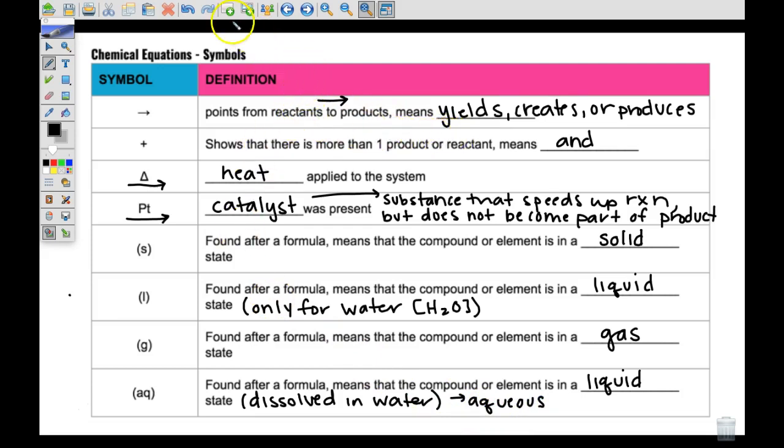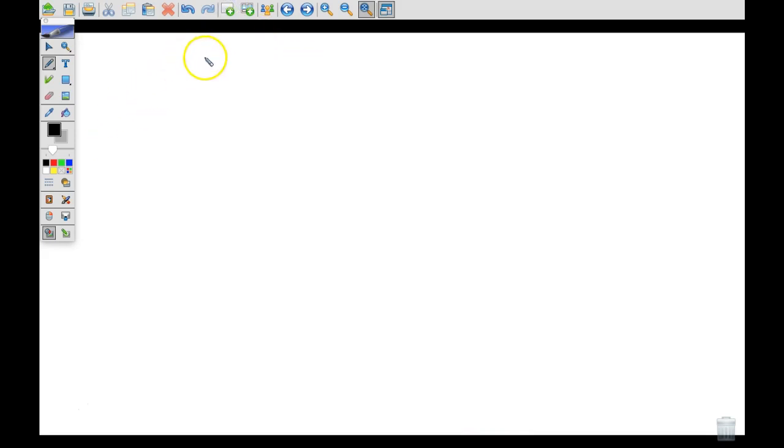Now, before we move on, we need to talk about something called diatomic molecules. So we're going to need to add this to the bottom of your note sheet. And if you look at the parts of diatomic, we're going to see that there's a really common prefix. So di means two.